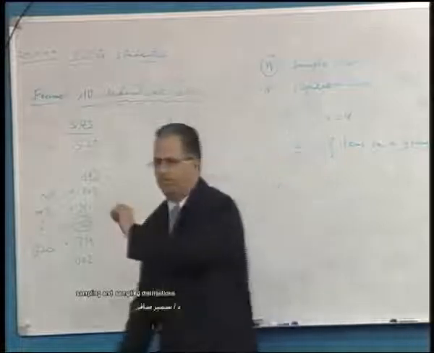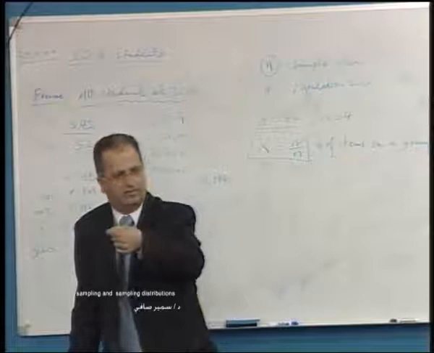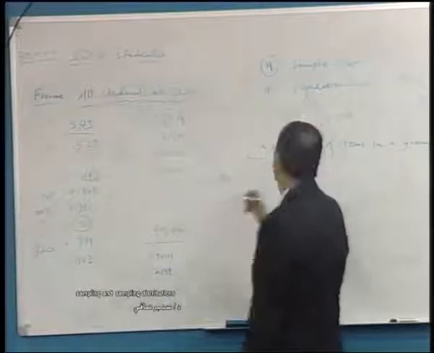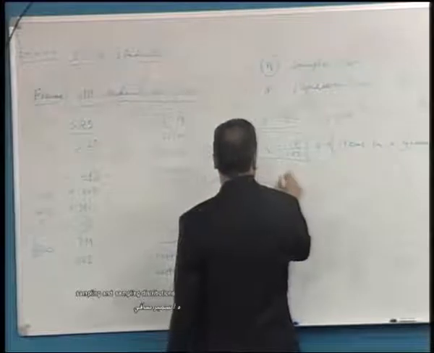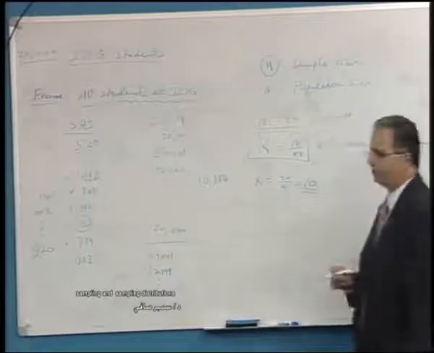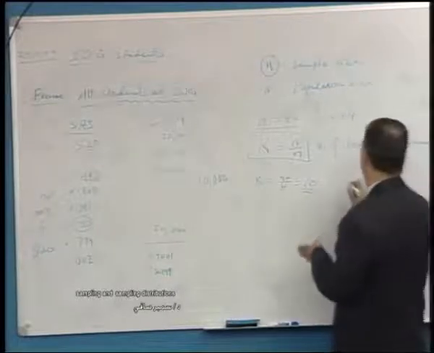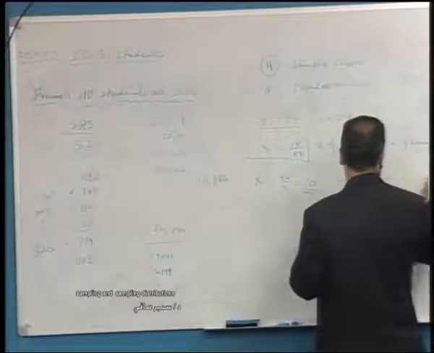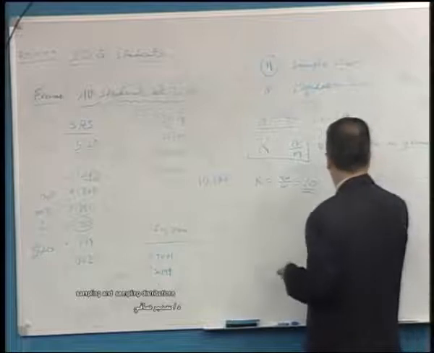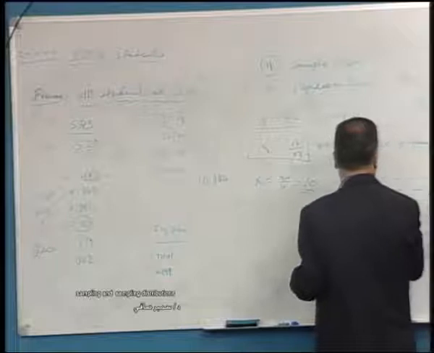So k represents the number of elements in a group. For this example, k equals 40 divided by 4, so 10. Each group has 10 items.